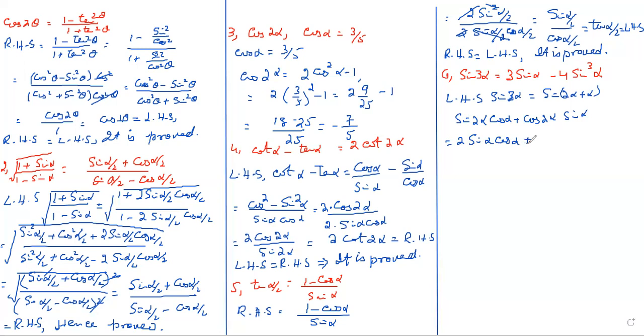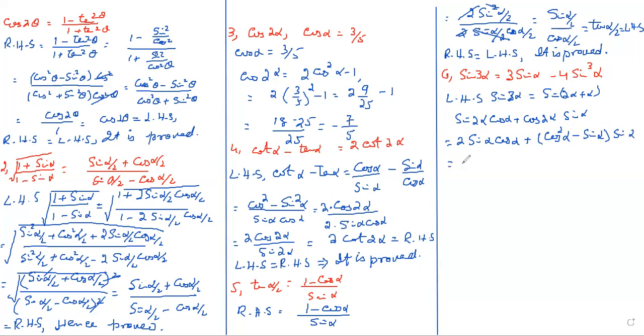Now cosine 2 alpha may be written as cosine square alpha minus sine square alpha, and sine alpha as it is.